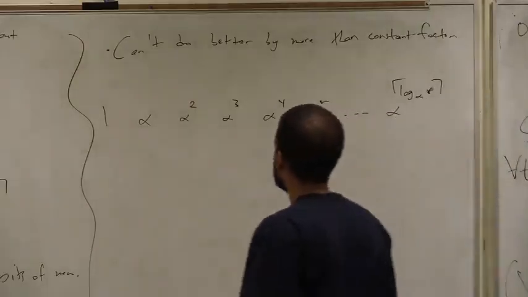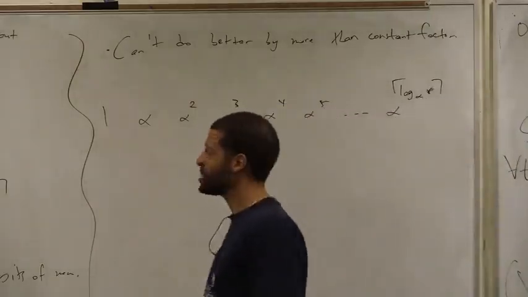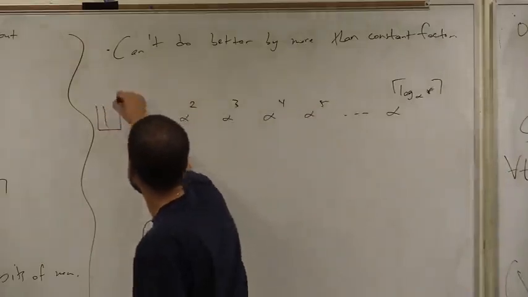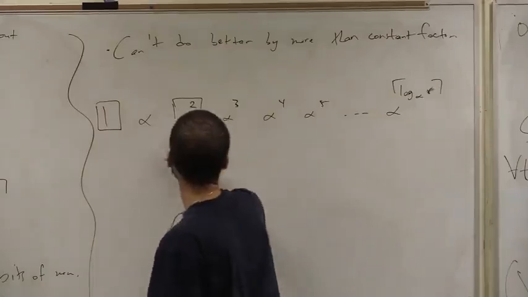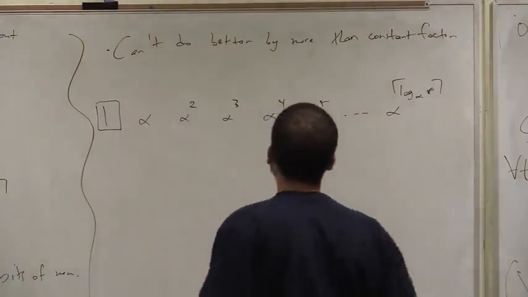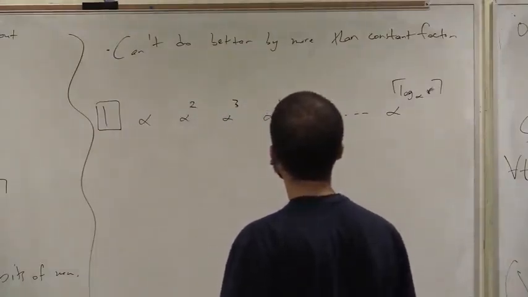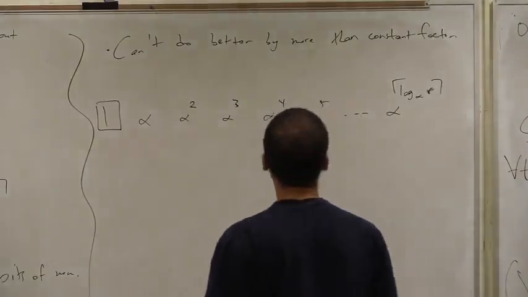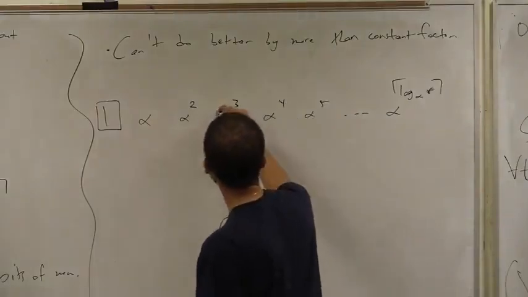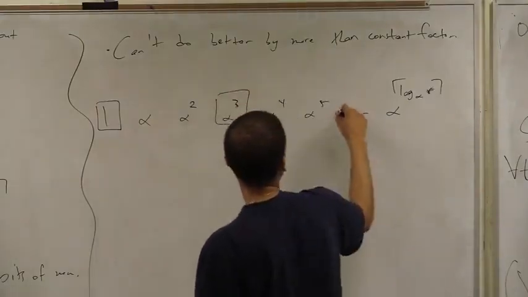Now, let's just focus specifically on the case where the answer is either 1, or alpha squared, or, let's say, alpha cubed. Maybe it's 1 or alpha cubed or alpha to the 6th.